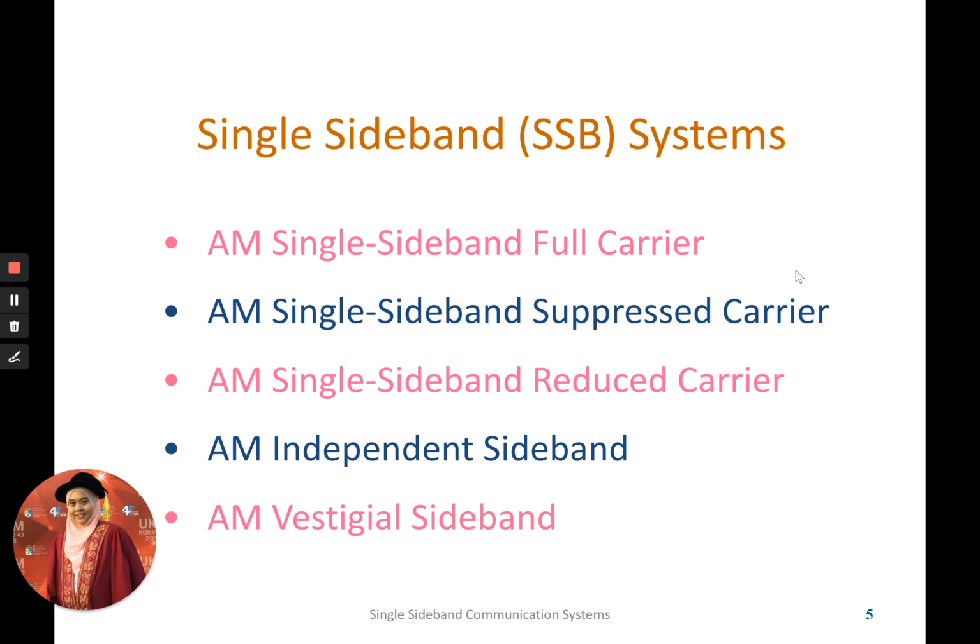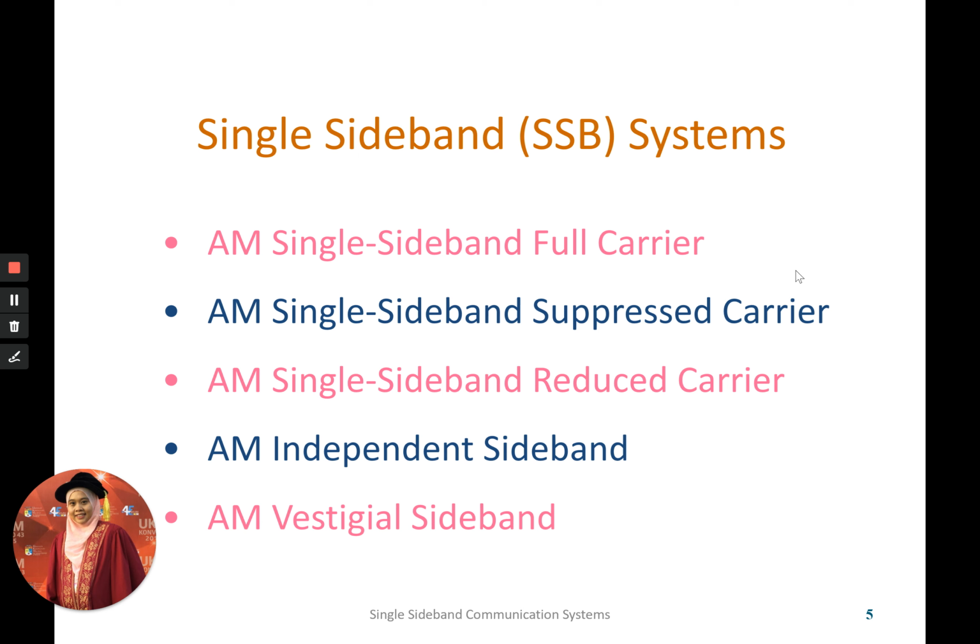So what are the types of single sideband system that are mostly used in applications? There are 5 types of SSB system, and we will see one by one the differences between them. The first is AM SSB full carrier. When we read the name, of course it uses full power of the carrier signal.